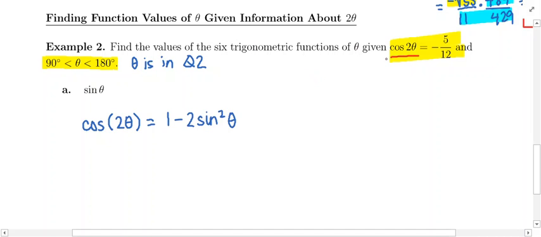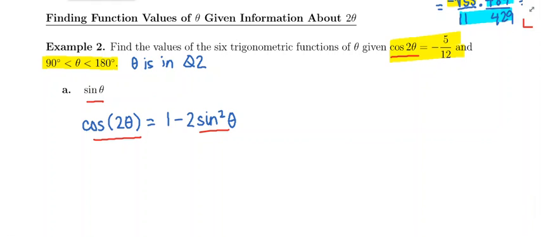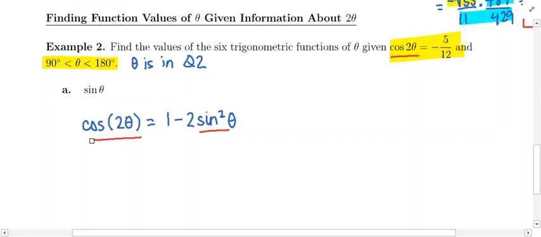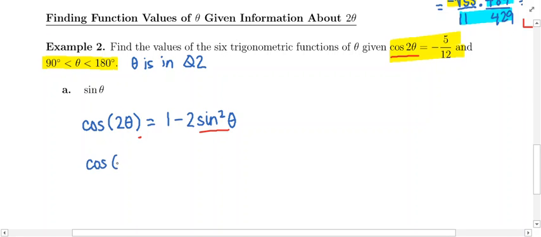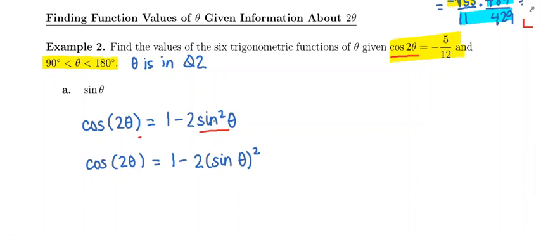Because I know information about the cosine of 2 theta and I'm trying to get sine of theta. Again, keep in mind what you're given and what you're looking for. Let me write this a little clearer. The cosine of 2 theta is equal to 1 minus 2 times the sine of theta squared. Sine squared theta means sine theta times sine theta. We are after sine theta.